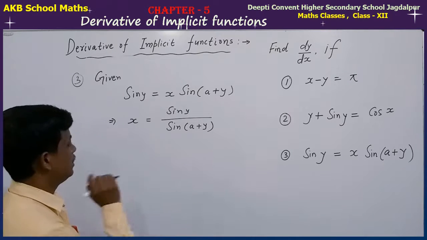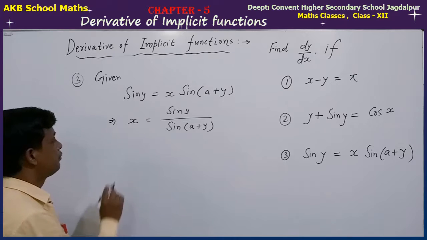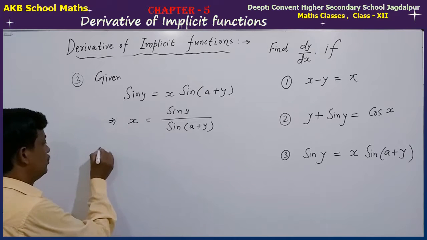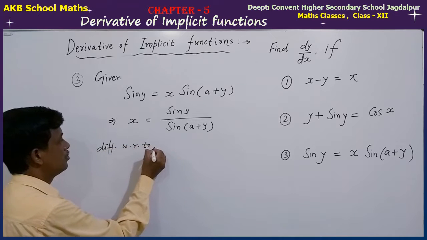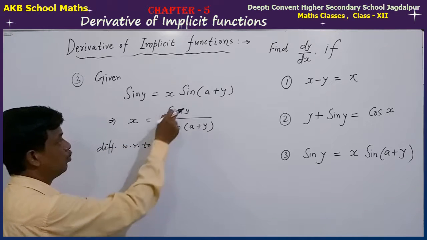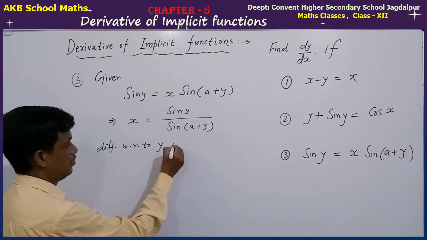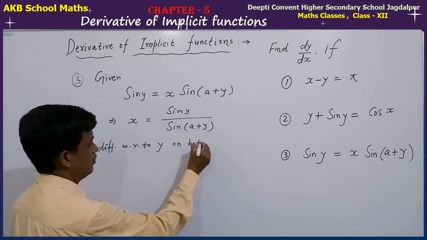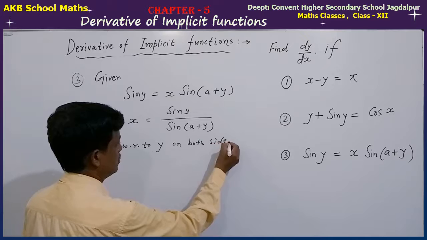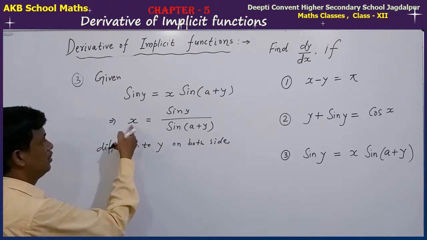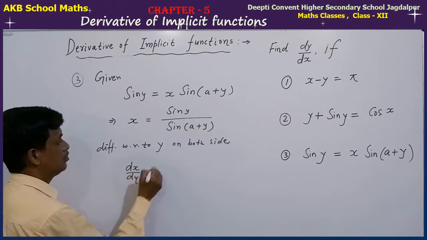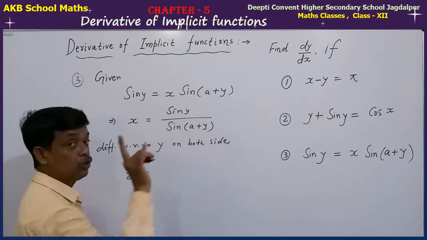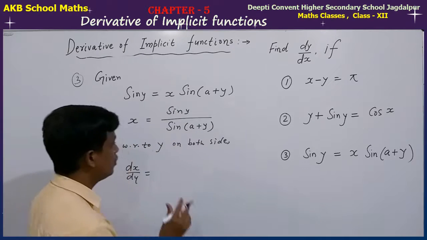So here, to find the derivative, differentiate with respect to y on both sides. Then we get dx upon dy equals numerator upon denominator, by using the quotient rule.